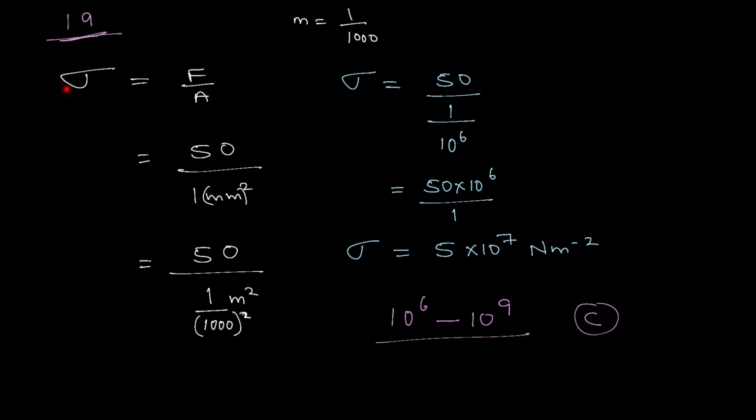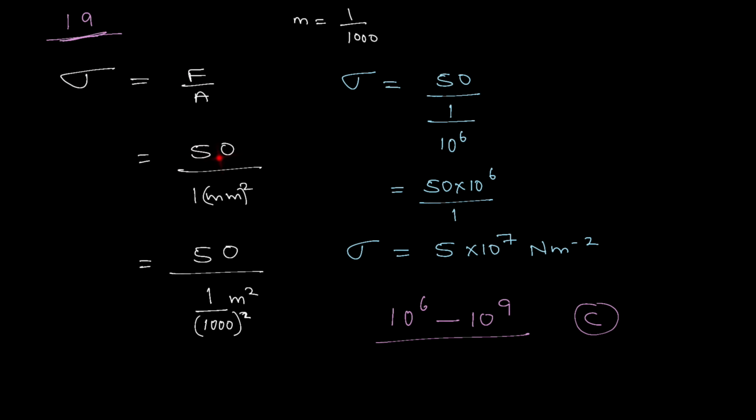Question 19. A load of 50 newtons is suspended from a wire that has an area of cross-section of 1 millimeter squared. The stress in the wire in Pascal is between. This is stress, symbol for stress, and stress is force over area.